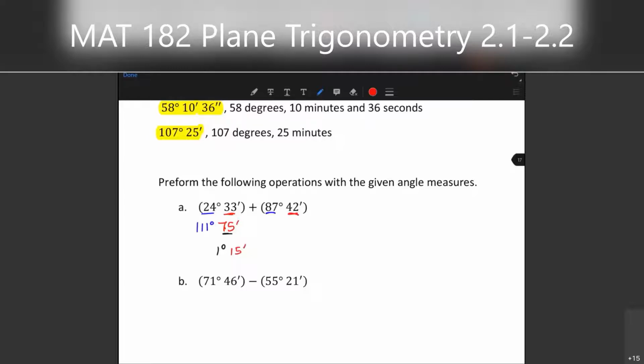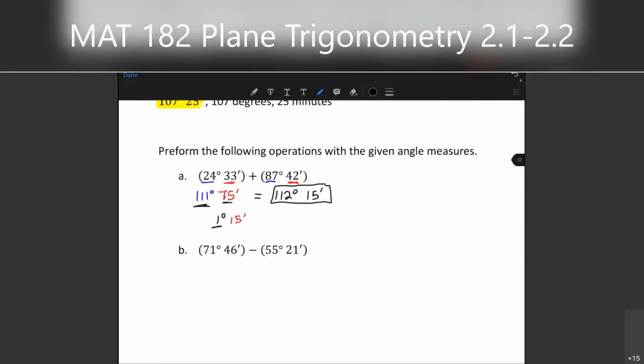And so we can sum this up and say we really have 112 degrees in total if we add both of those, and 15 minutes left over. So that would be our final result, 112 degrees and 15 minutes.